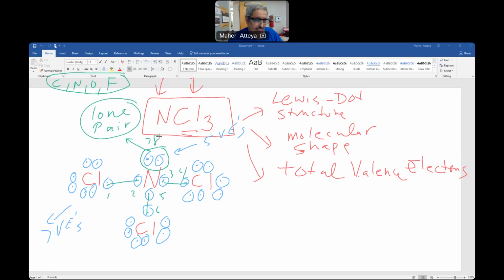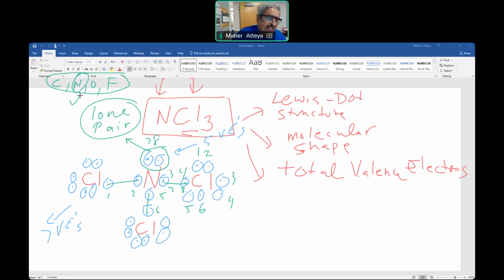For chlorine, 1, 2, 3, 4, 5, 6, 7, 8. So the octet rule is held for nitrogen. For us, nitrogen is what is important. Chlorine can sometimes violate the octet rule, that's fine, but nitrogen has to have 8.